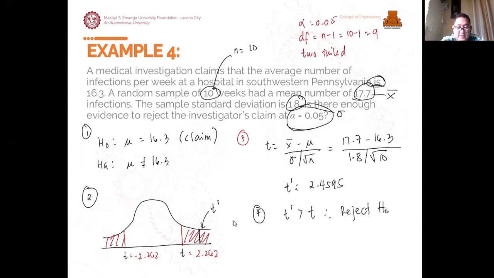Then, our conclusion is there is enough evidence to reject the claim.